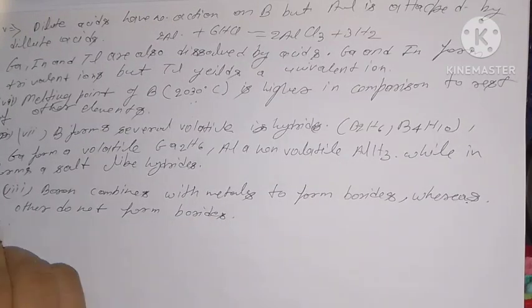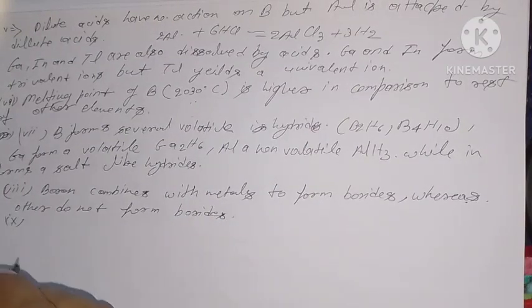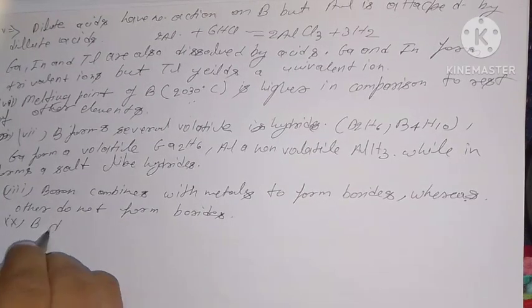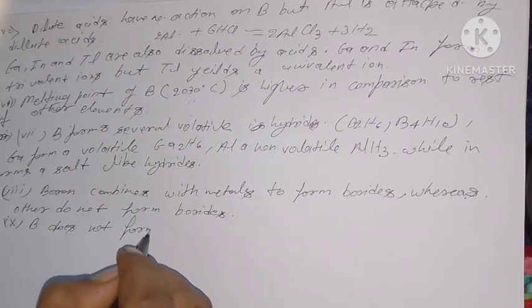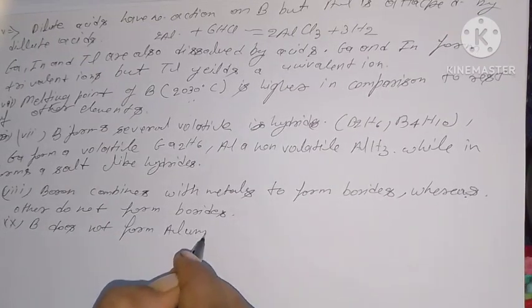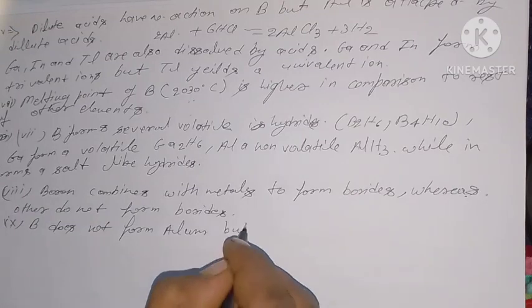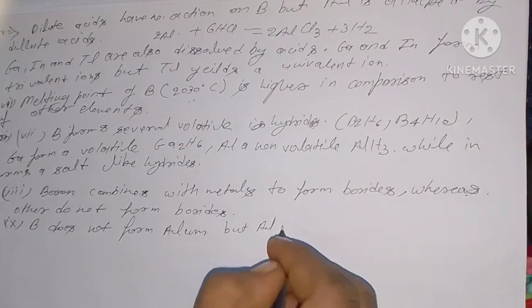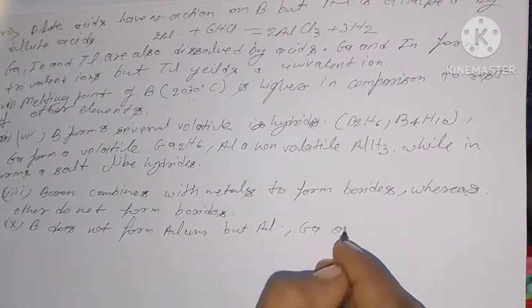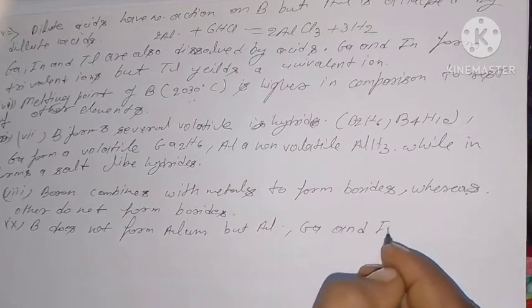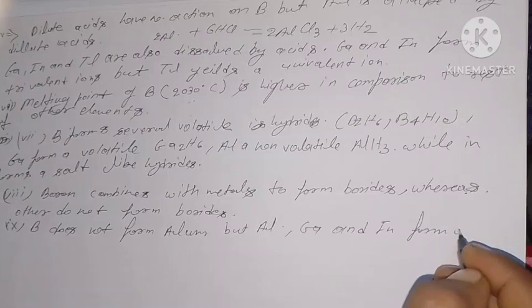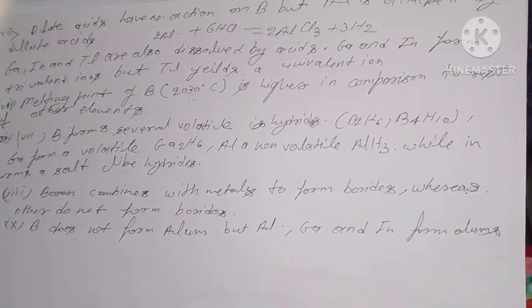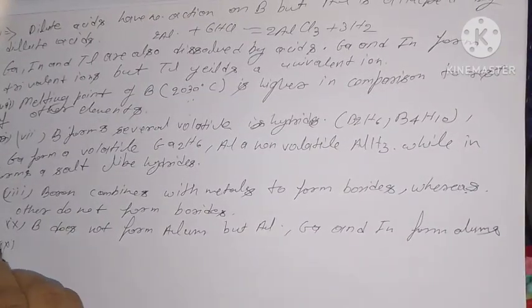Ninth point. Boron does not form alum, but aluminium, gallium, and indium form alums. Tenth point.